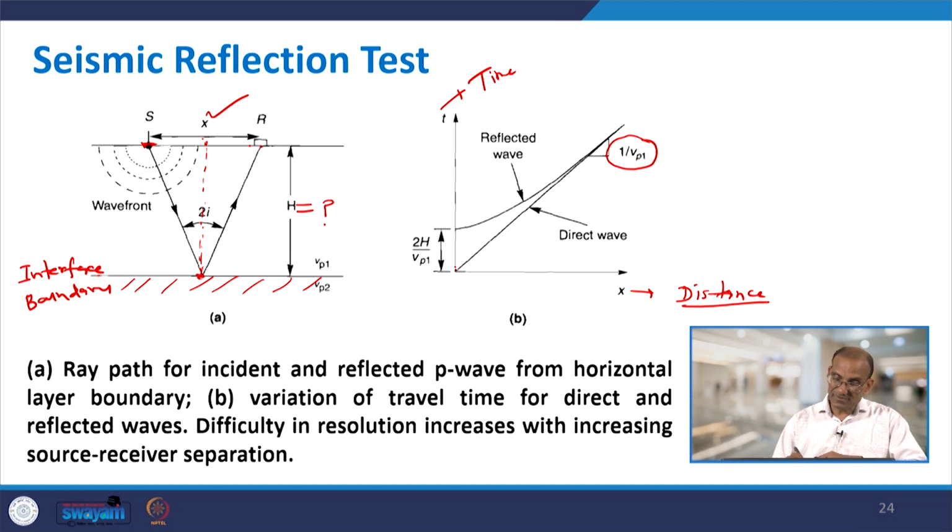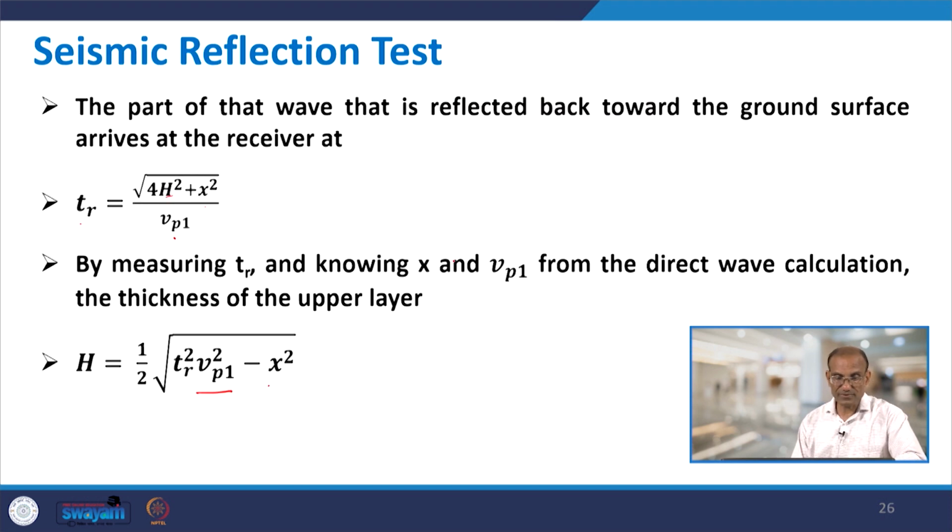Here there will be an intercept, 2h over Vp1. You can find it from this equation: if I put x equal to 0, I will get Tr equal to twice h over Vp1.